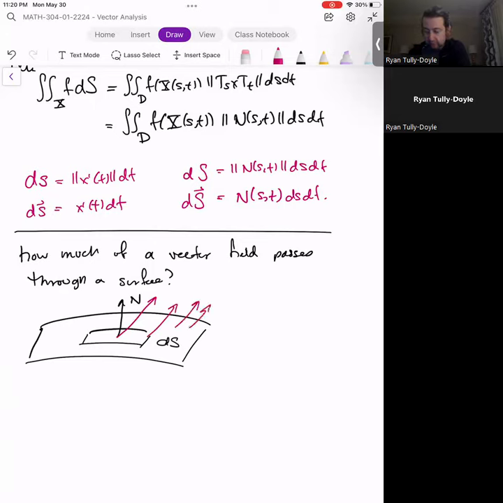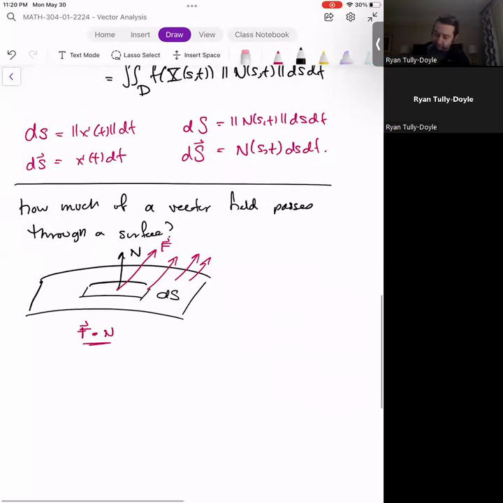So these are all F vectors. And what I want to know is how much of the field is flowing orthogonally, perpendicularly through the surface. And so to compute that, I'm going to be looking at F dot N instead. And that's going to be the basis for how we set up what it means to be a vector surface integral.